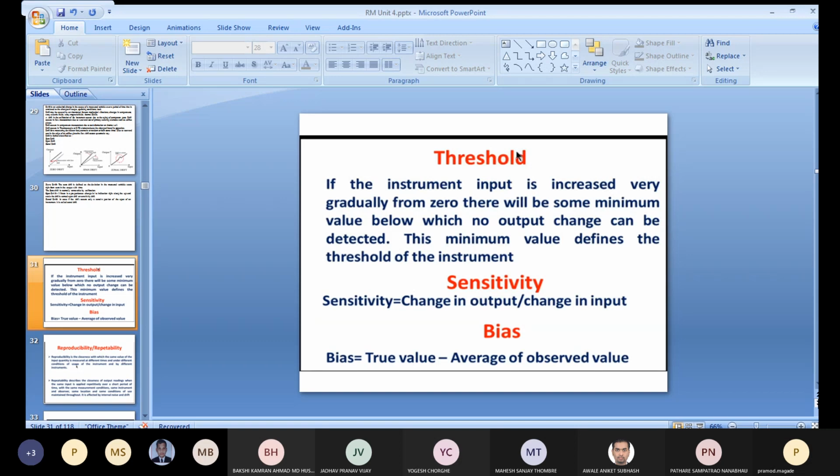This minimum value, that is why we take the least count, see. If we use a vernier caliper, it has a proper least count. This minimum value defines the threshold of the instrument.